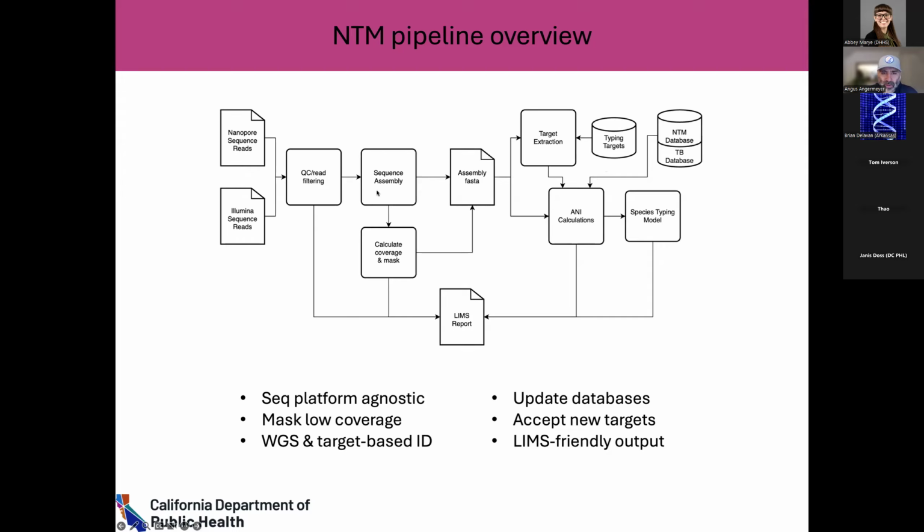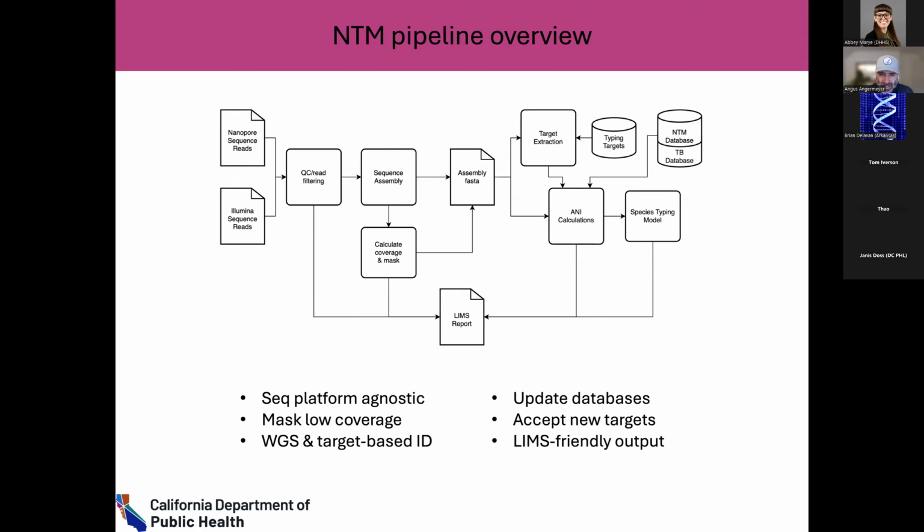Once you have your data assembled into your whole genome, and you have extracted your targets from that, those both separately go into average nucleotide identity calculations, where it looks at the DNA sequence of those compared against everything in the NTM databases. TB is included in there, of course, because you want to know if you have a TB co-infection.